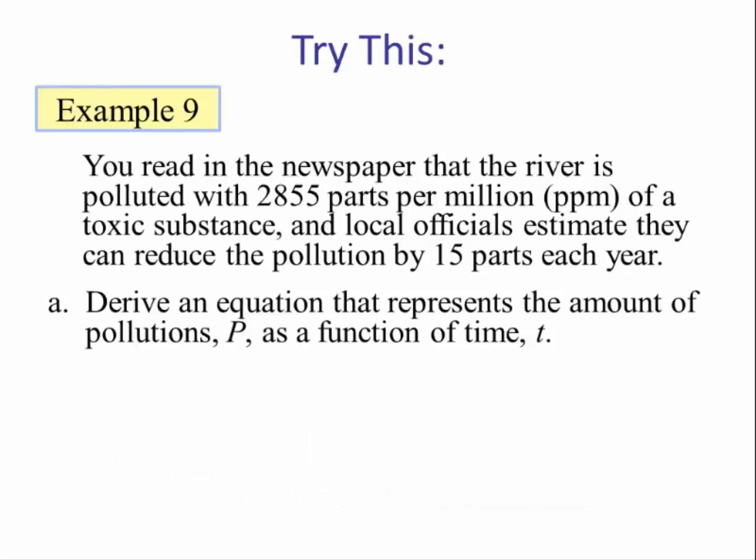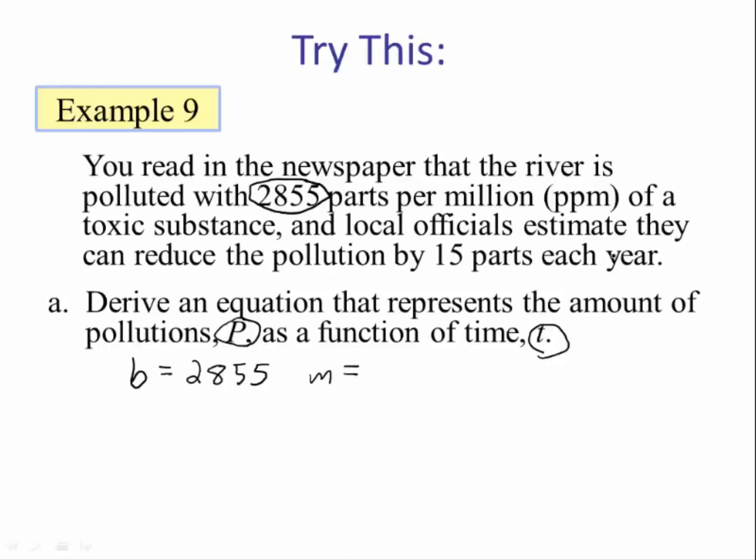Let's start with A. So P is a function of T. This means T is our independent, our dependent is P. We know that right now when T is 0, the starting value is 2,855. So that is our b. When T is 0, it's the value of P. Now we need to find our slope.